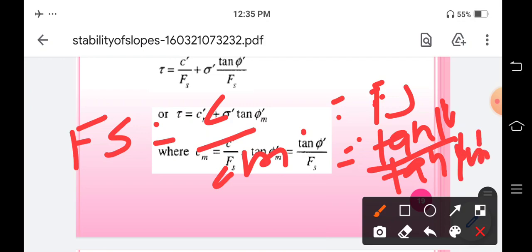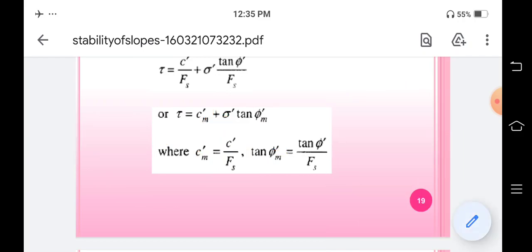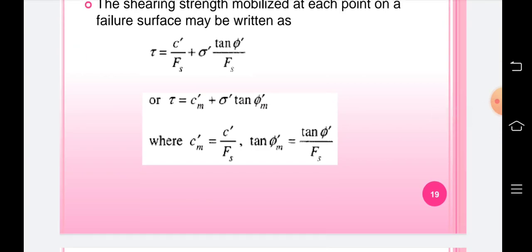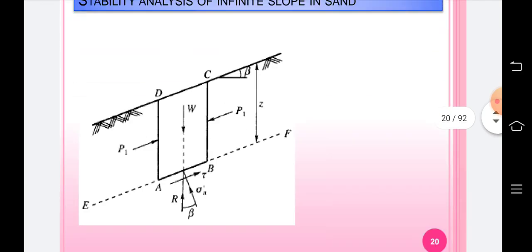Okay, if you take this term toward this side and this term toward this side, it will be Cm dash equal to C dash upon Fs, and tan of phi m dash equal to tan of phi dash upon Fs.